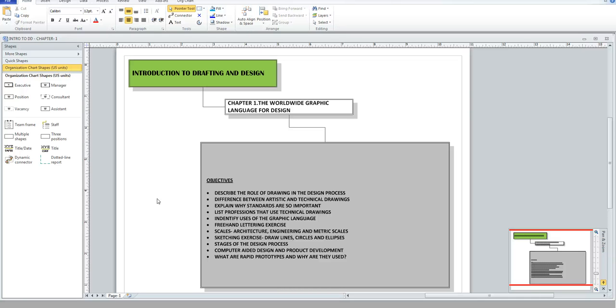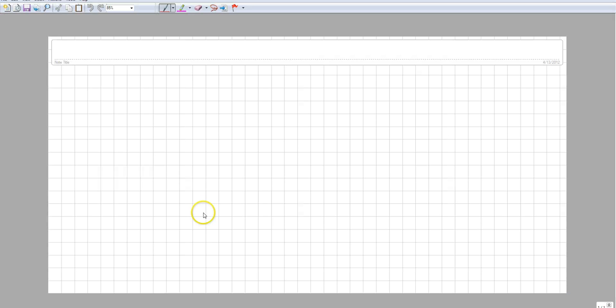Okay, so what is the role of drawing in the design process? Without drawing, as I said, no one can understand what you're trying to say. So that's why drawing is so important. Again, I say for visualization, for communication, and for documentation.